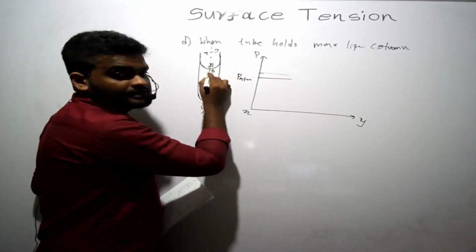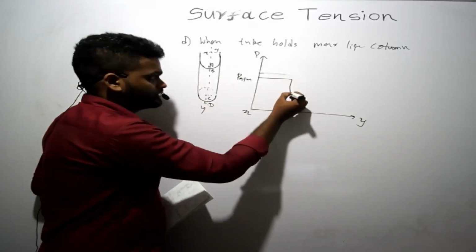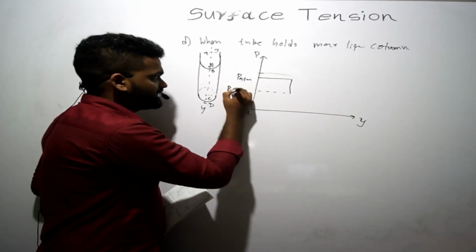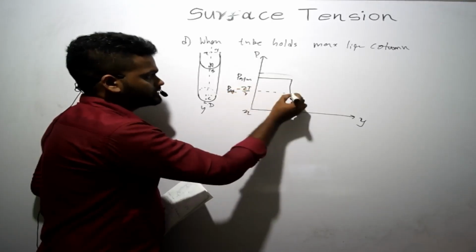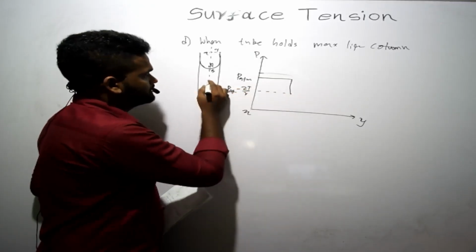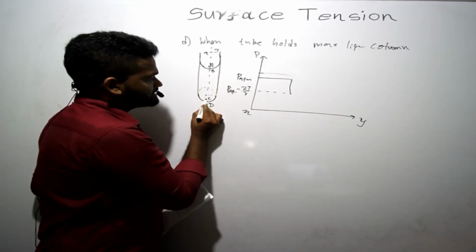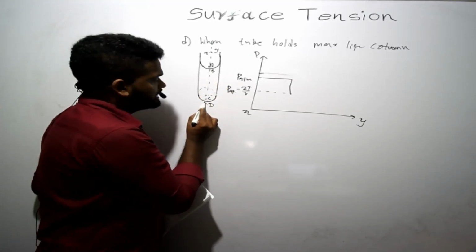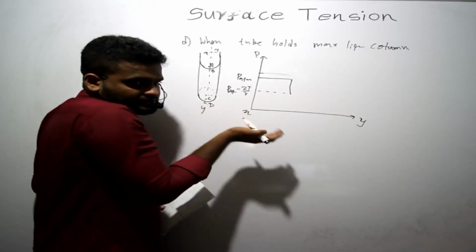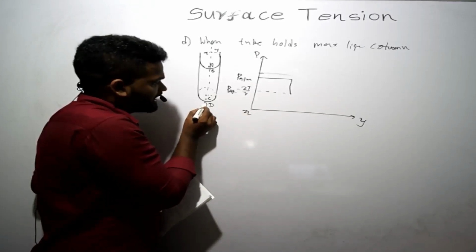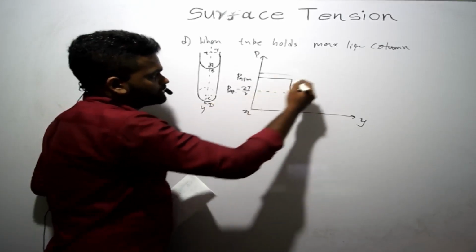Then at B, sudden pressure drop. Now the pressure is PATM minus 2T over R. Then gradually increases. And you can see at C, pressure is higher, right? Which is curved to this side, pressure is higher than ATM. By how much? 2T over R.